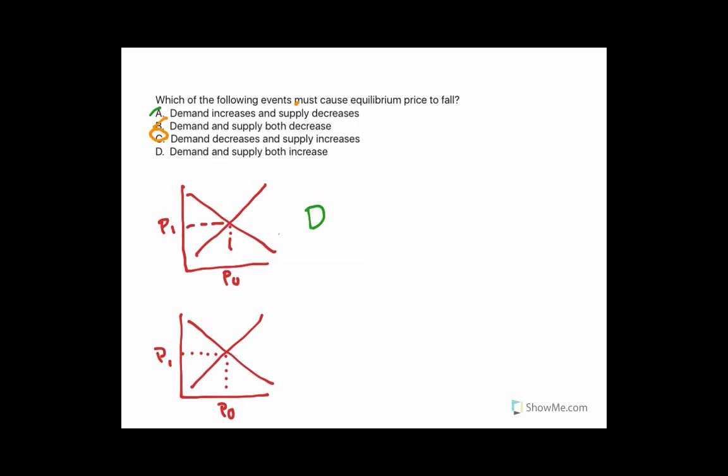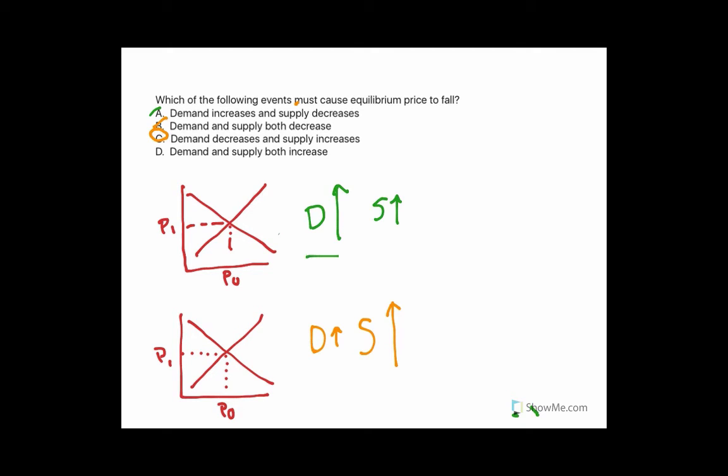So if we show that there's a large increase in demand and a small increase in supply versus having a small increase in demand and a large increase in supply, how do these two situations change?